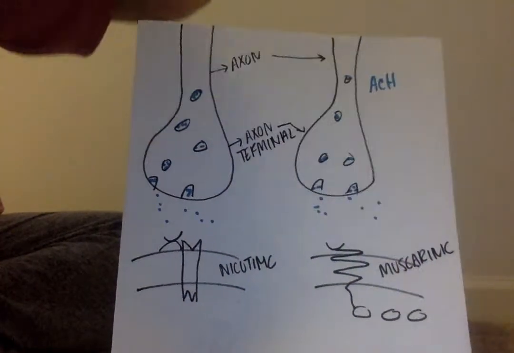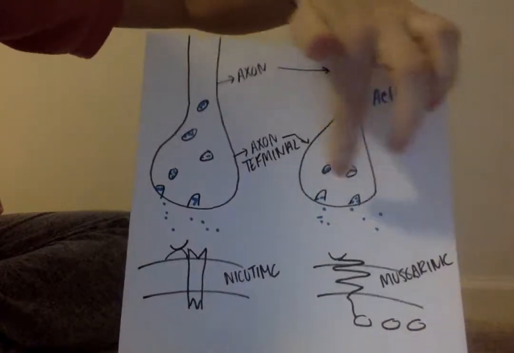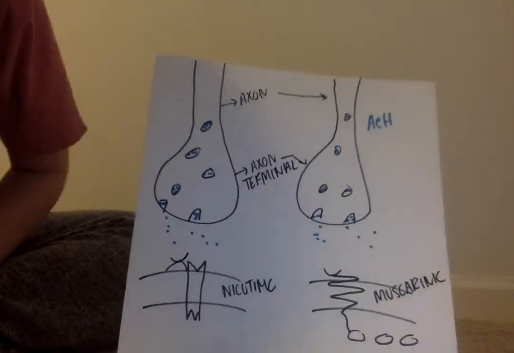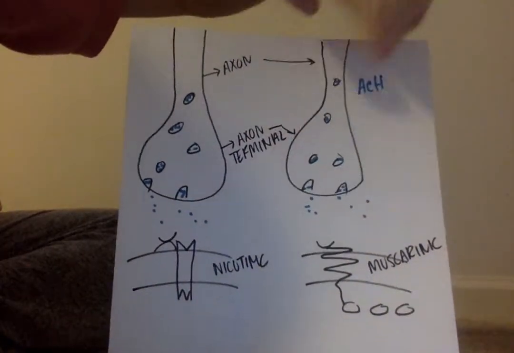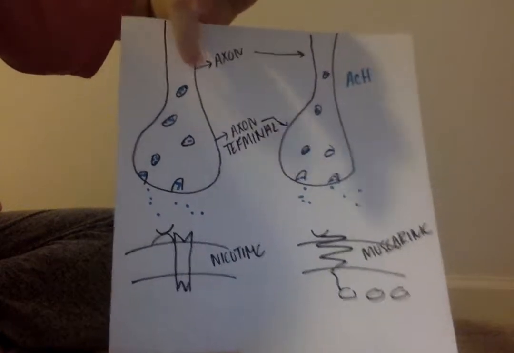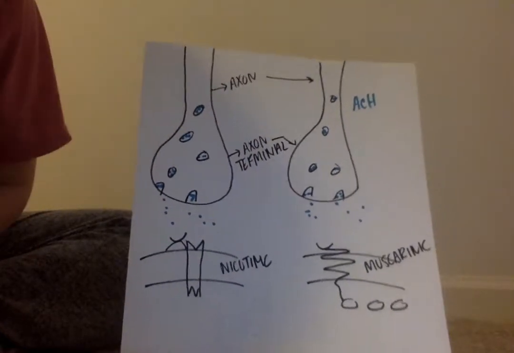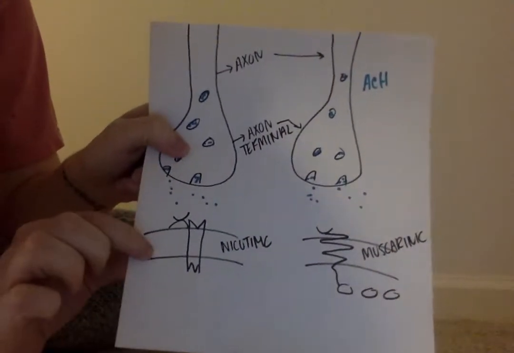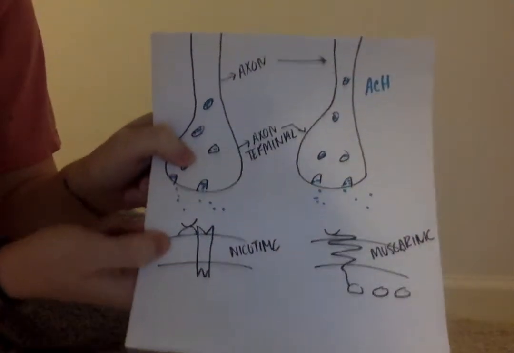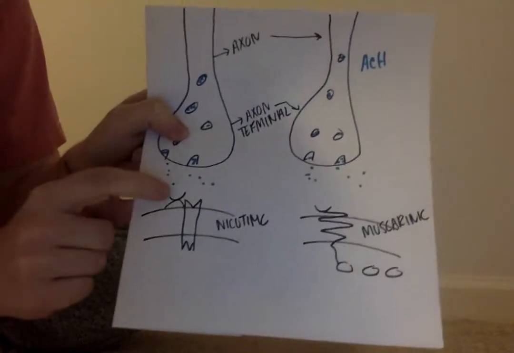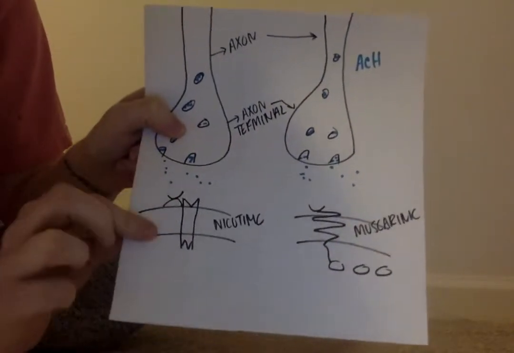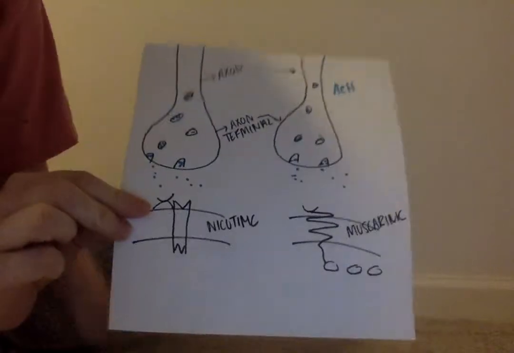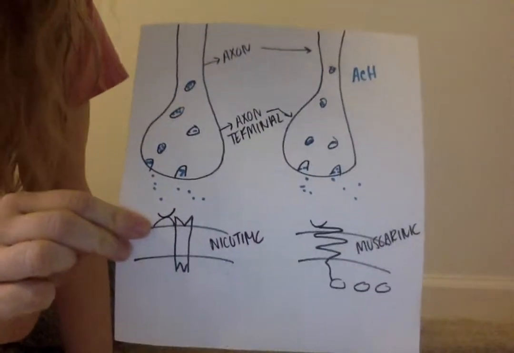These are my little vesicles that we talked about in a previous video, and they're all full of acetylcholine. So here in my muscarinic and here in my nicotinic, these are both full of acetylcholine. But what's different is my receptor. This is my nicotinic receptor.